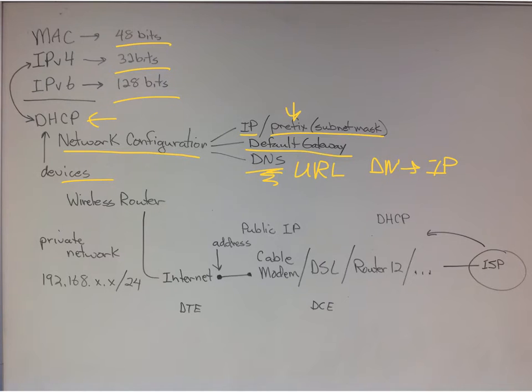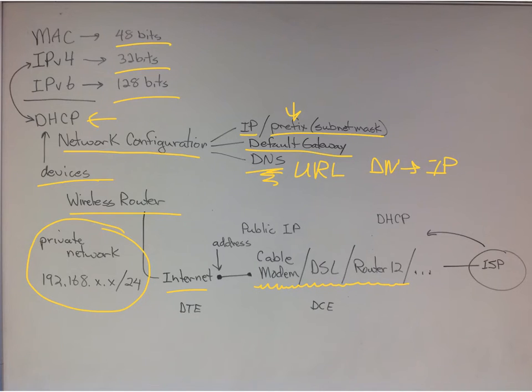A little bit about wireless here. We have devices, a wireless router internally, and you have your private network, you have your internet to connect out to some device from some provider.